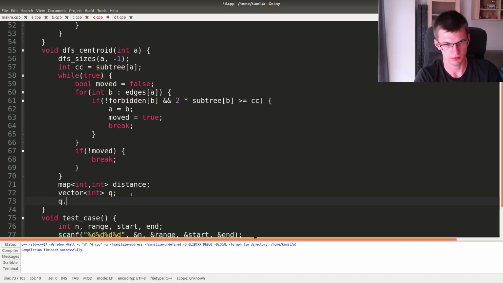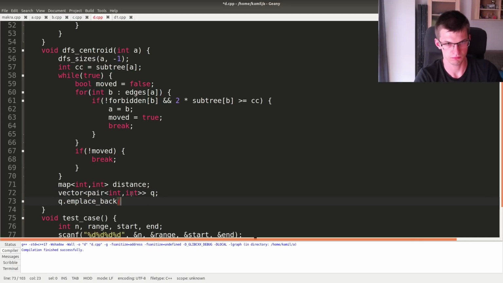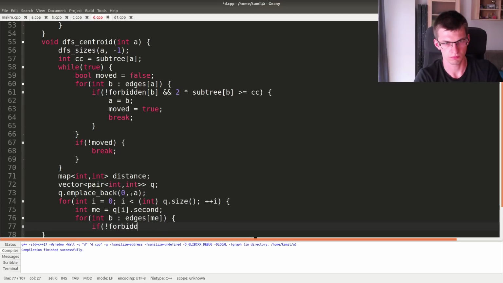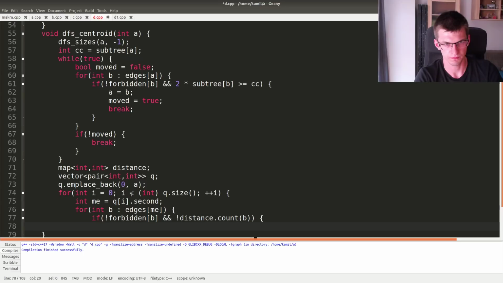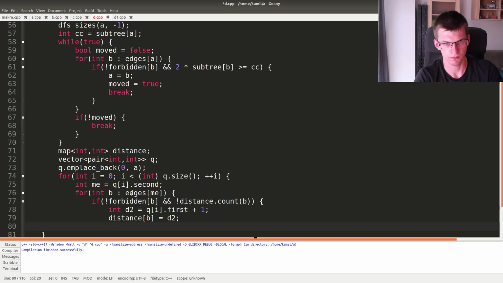Q. And what not distance count? And place back.